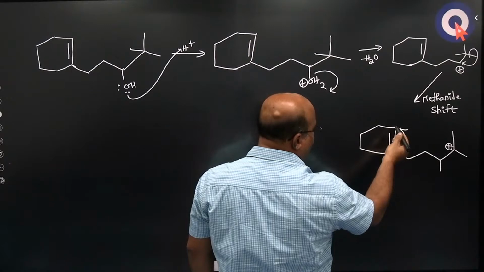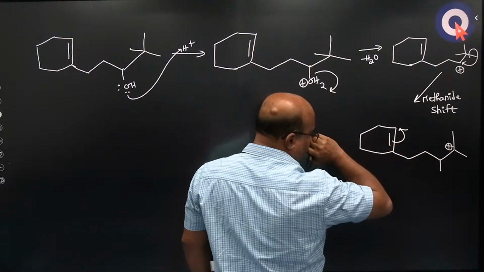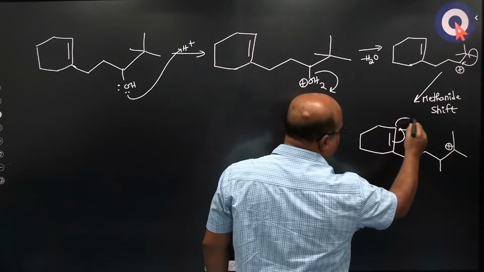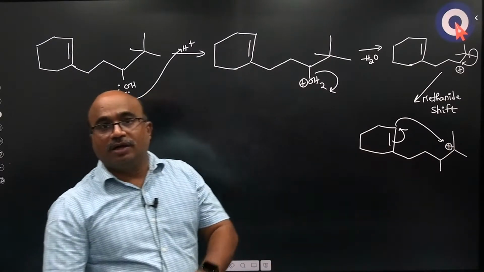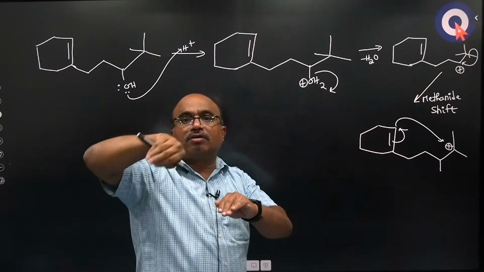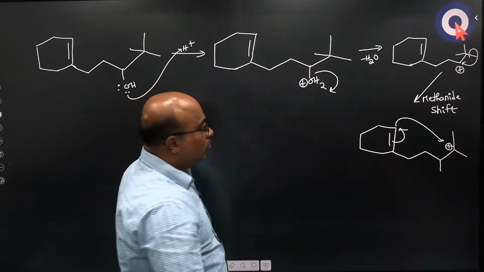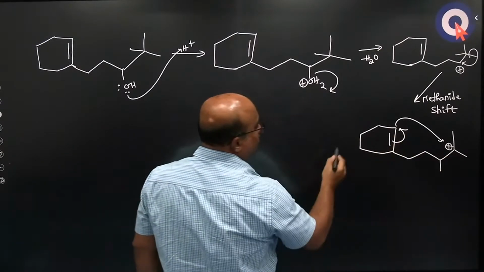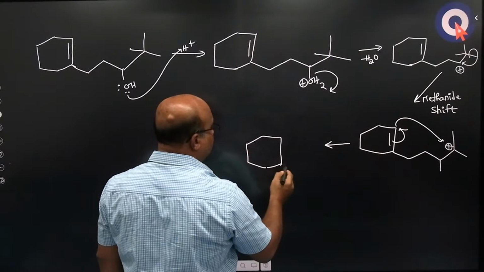So this carbon is becoming negative, and this pi bond reacts with the positive charge immediately. Or this internal electrophilic addition takes place. So this internal electrophile will be added at this double bond. So immediately we are seeing a formation of another cyclic thing.